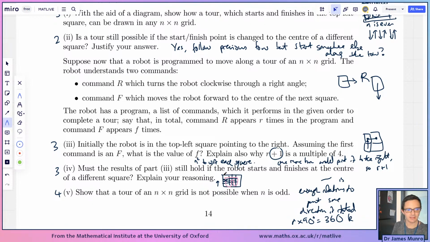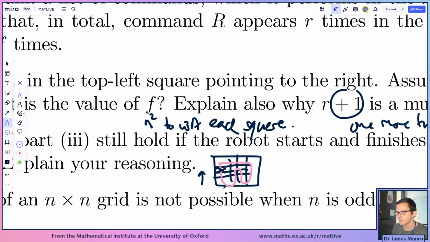I think, as a counterexample, if it does the 4x4 path that we had before, but starting in one of the other squares, then its total rotation is, in this case, 3 more than a multiple of 4, because it started facing right. I picked a terrible counterexample where it's not even true.